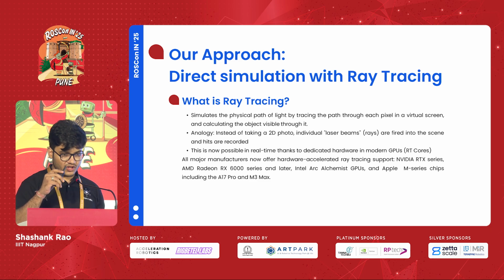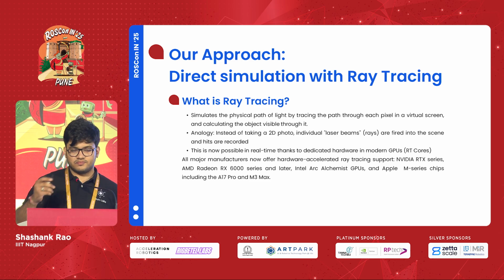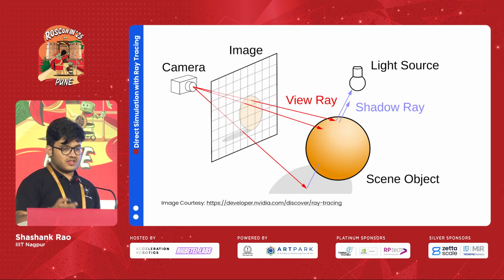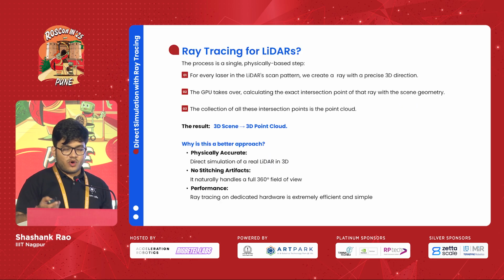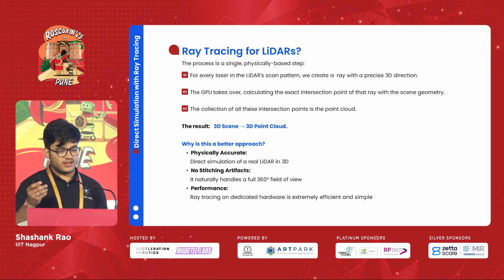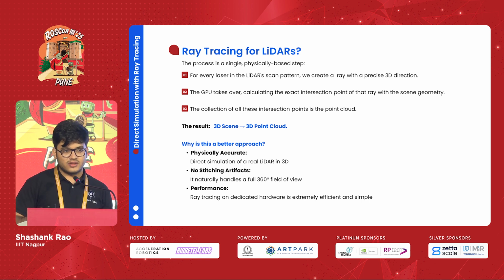This is a very simple diagram showing how ray tracing works. You can see that every single image traces the light rays back to the light source. It is a very popular technique in games and used a lot, and almost all the modern GPUs are capable of ray tracing.